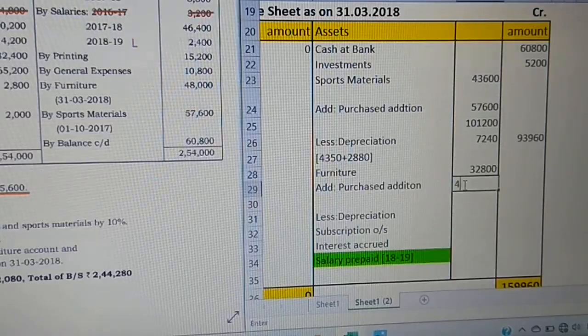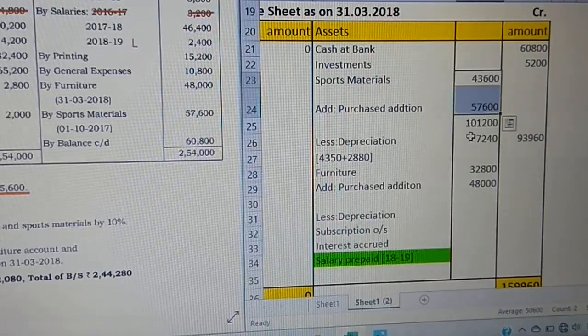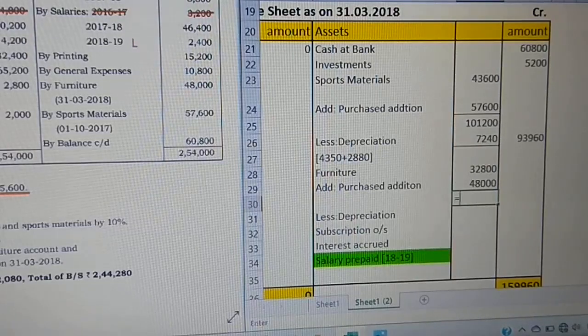You should always add 48,000. Now this total, so I'm going to take the total of this.